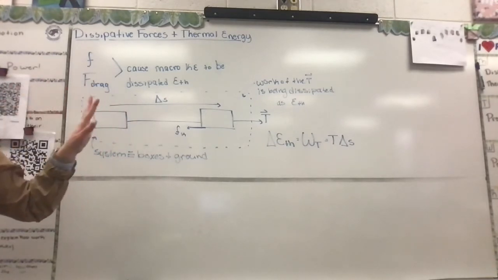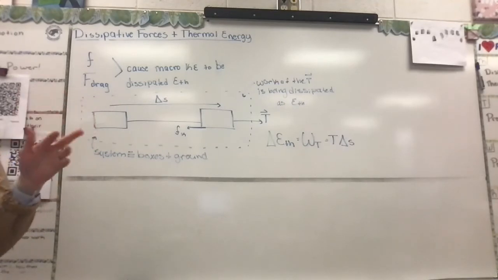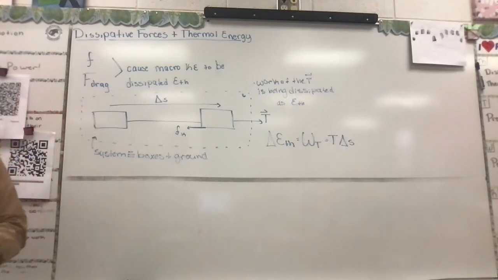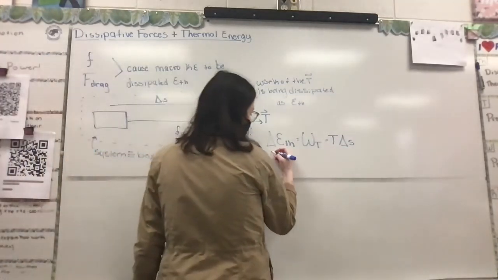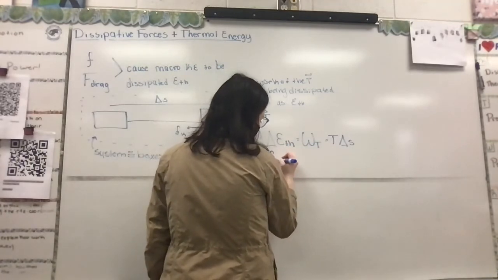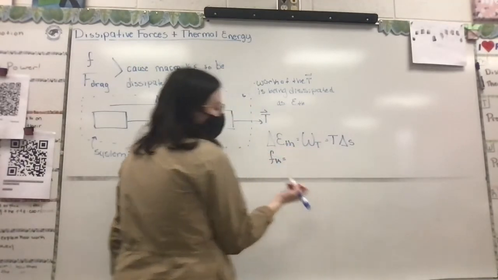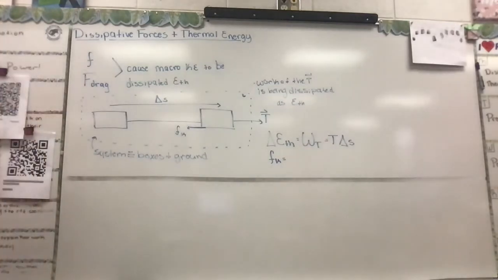You're pulling it at a constant rate, okay? So like you just said, there'd be no change in kinetic energy, right? So if there's no change in kinetic energy, what that would tell us is that our frictional force is equal to what? Oh, the force of tension.